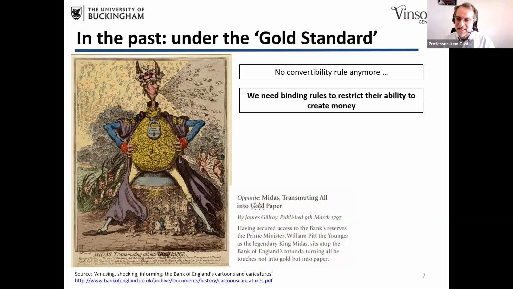So the Bank of England had to convert every paper note presented to the bank at the existing parity in gold. Indeed, this convertibility rule imposed a very effective limitation on the ability of the Bank of England to create money.